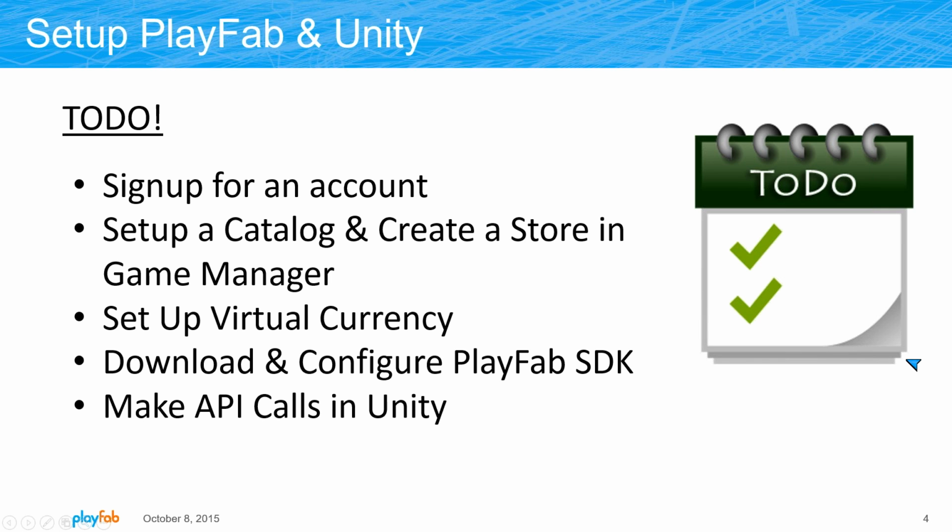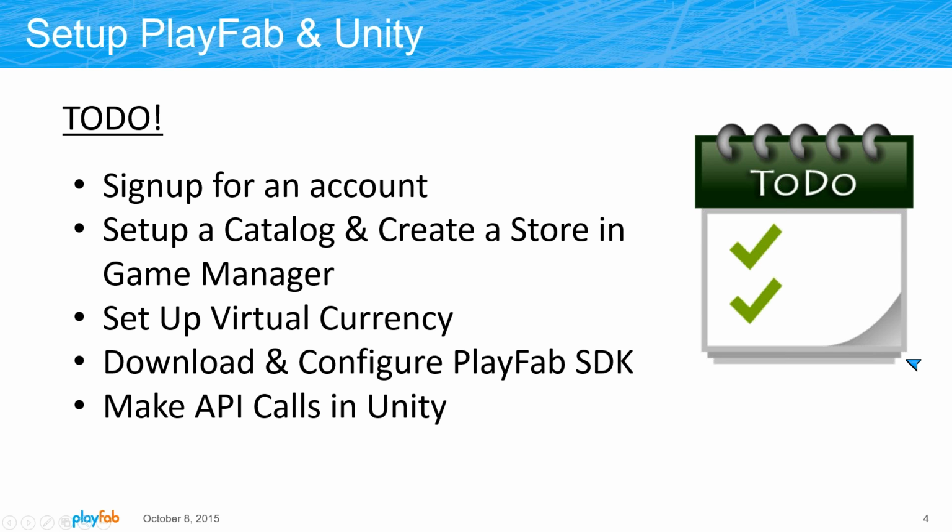This actually comes with a little to-do list. So first thing we're going to have to do is sign up for an account at PlayFab. We're going to have to set up a catalog and create a store. I've already done some UI work, so we'll provide the examples after the series or after this particular webinar, and you can download and see pretty much everything that you're seeing here today.